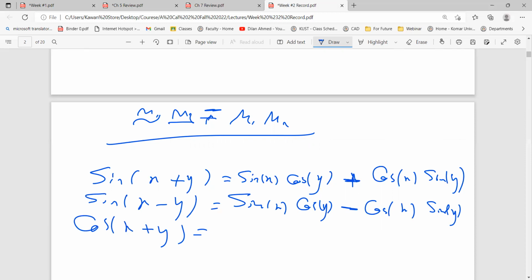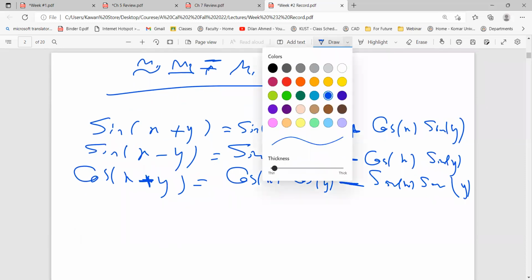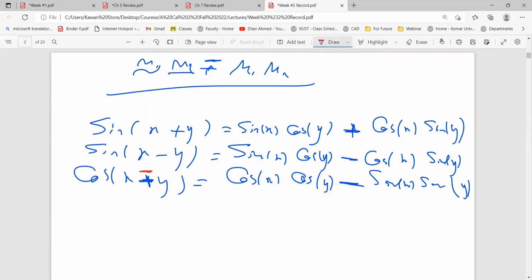Cosine of x, cosine of y, okay. Plus, we change that one. Look, we have addition here, we change to the minus. So sine of x, sine of y. So in case I have a subtraction here, that one will change to addition, the same one.